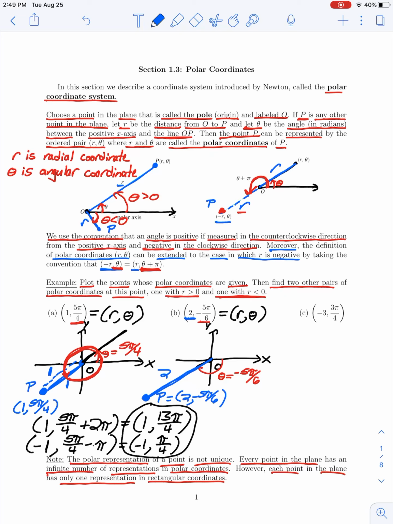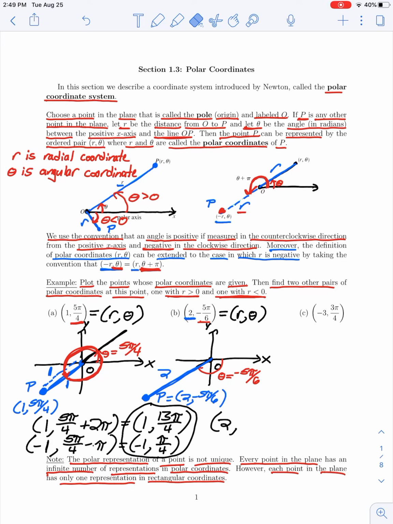So we want other representations of that same point, one which has, again, a positive r value and one with a negative r value. So let's think about how to get another representation with a positive r. Let's say r is 2. So I could take the angle that I was given, negative 5 pi over 6, and I can add or subtract any multiple of 2 pi. So if I add 2 pi to my negative 5 pi over 6, to save myself a little room, let me just show what we get.